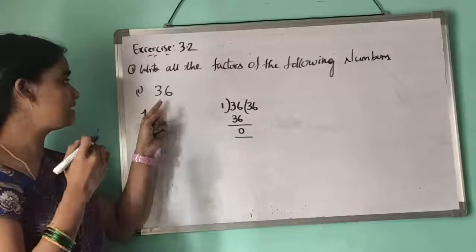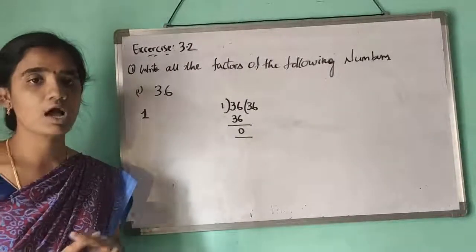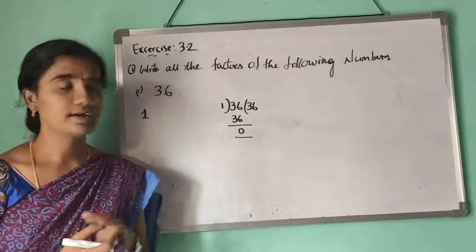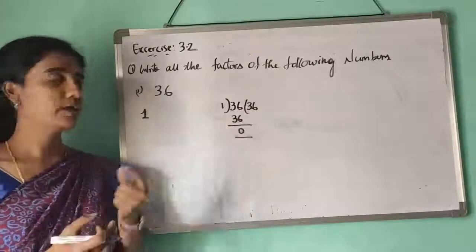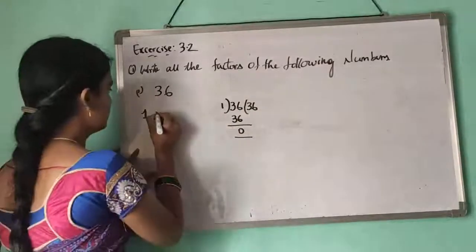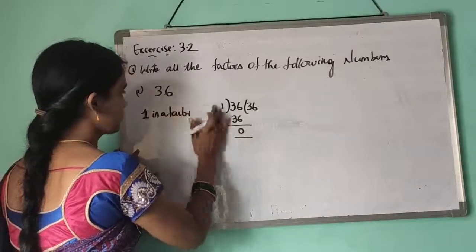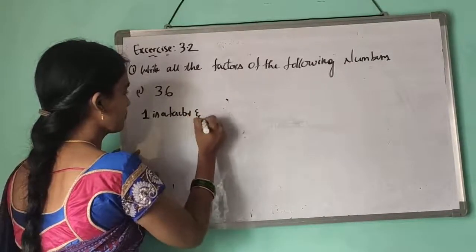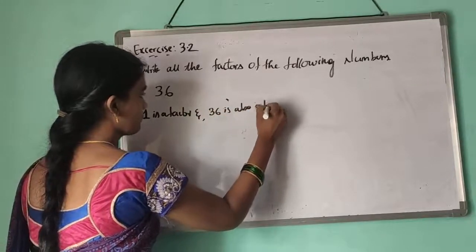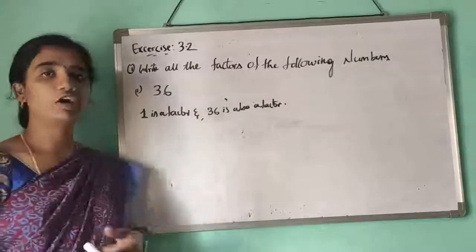So 1 is a factor of 36, and 36 is also a factor. Then what do we do?